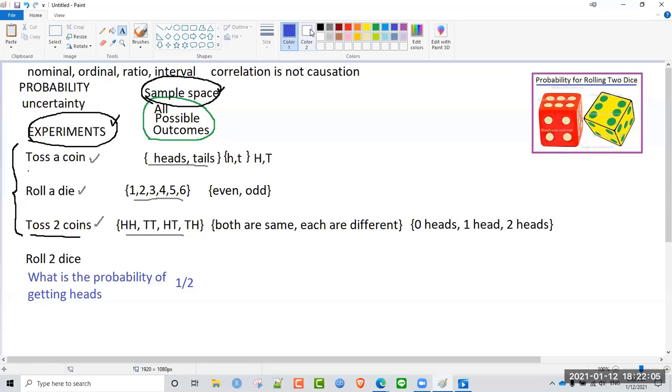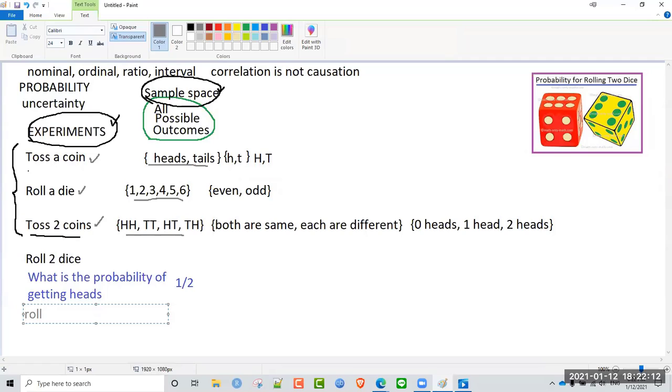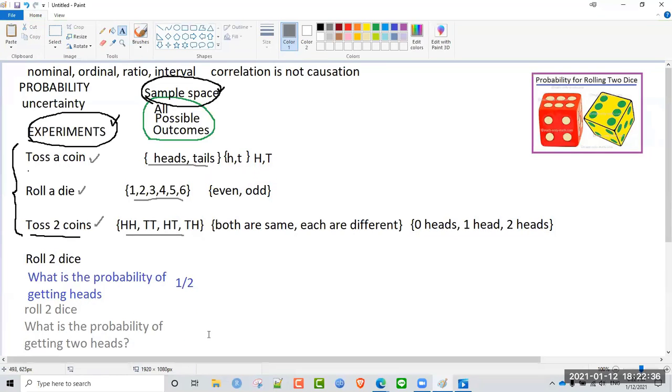Okay. Now suppose we're talking about this one. Okay, so this one was actually roll 1 die. Here, rolling 2, not 2 dice, sorry.